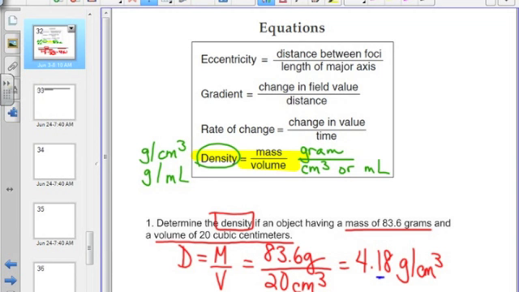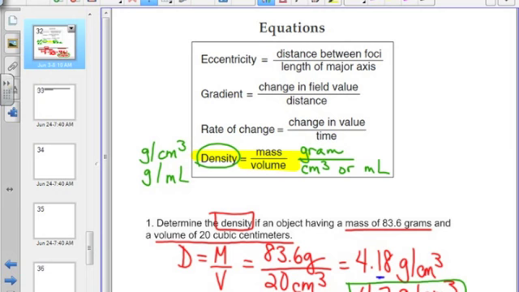In my example here, 4.18, I see that the 8 is greater than 5, so that means that it's going to cause me to round up that 1. So my final answer is 4.2, right? I rounded up that 1, grams per centimeter cubed. So there's our final answer.